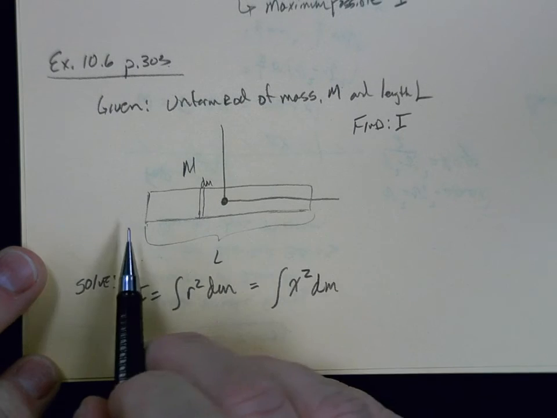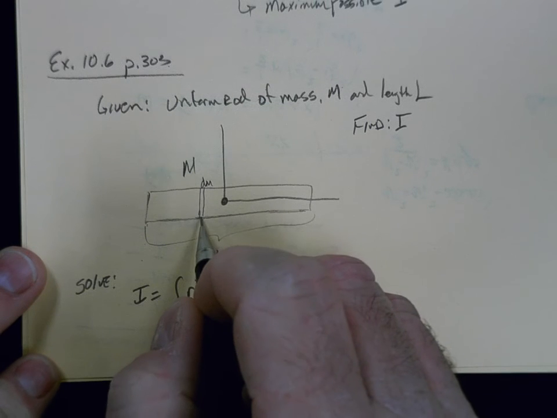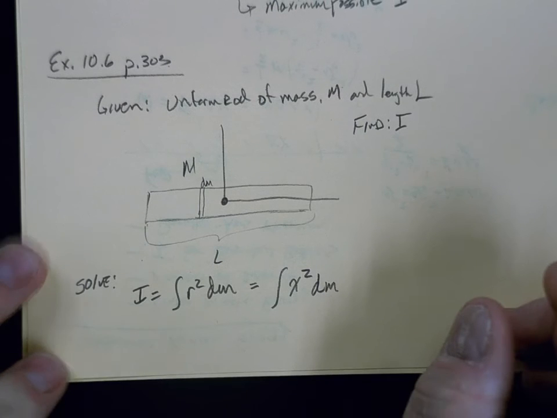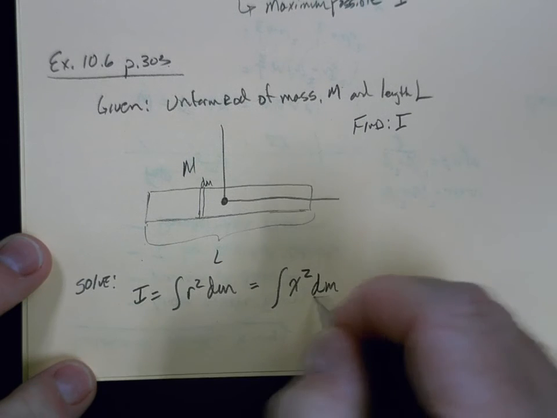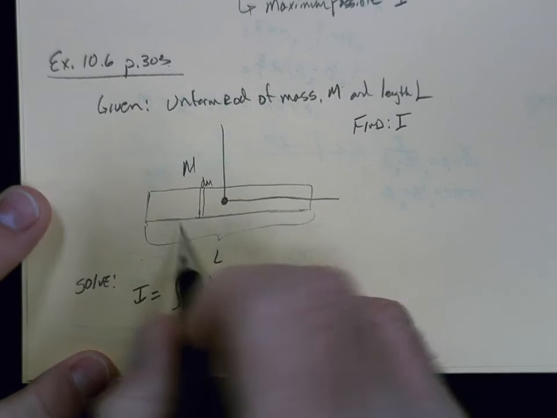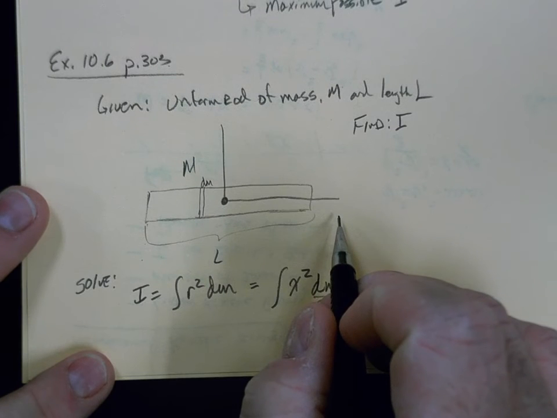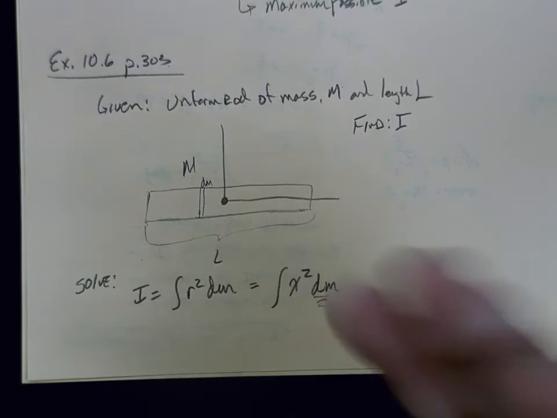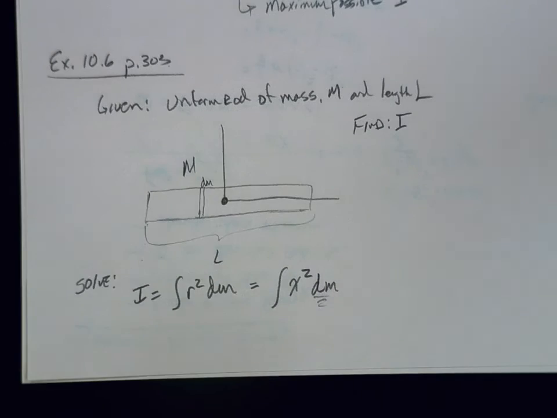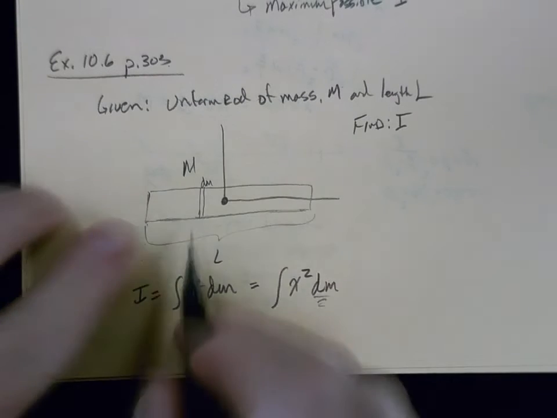The moment of inertia for this dm is not the same as for this dm, so we need to find what dm equals in terms of x. Well, this is relatively linear. It doesn't curve as we go across the entire piece here.